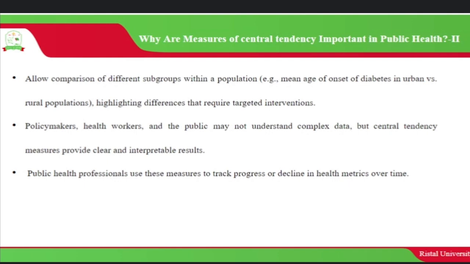For example, monitoring changes in the average CD4 count of patients receiving care at a health facility helps monitor disease progress. So public health professionals can implement any preventive interventions easily.